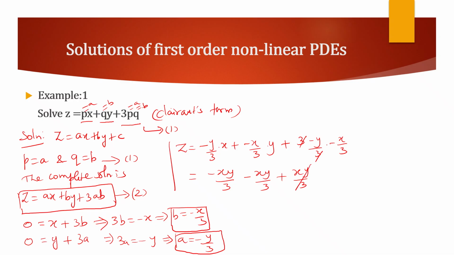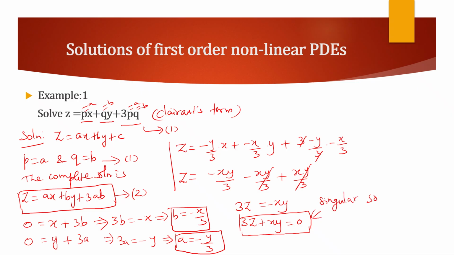So here we can cancel one xy by 3 as we have both positive and negative sign. So this is our singular solution, that is 3z is equal to minus xy, or 3z plus xy is equal to 0. Since this solution doesn't involve any arbitrary constant, this is our singular solution.